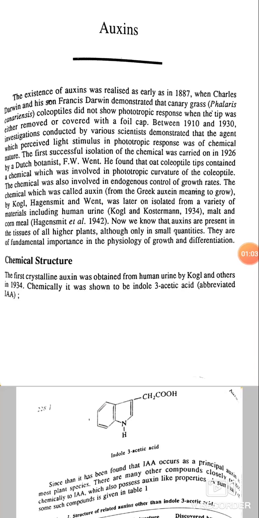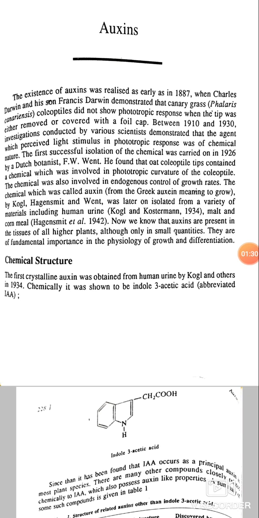Between 1910 and 1930, investigations conducted by various scientists demonstrated that the agent which perceived light stimulus in phototropic response was of chemical nature.